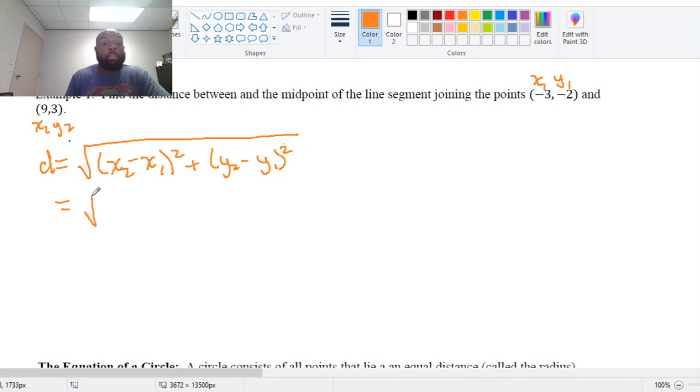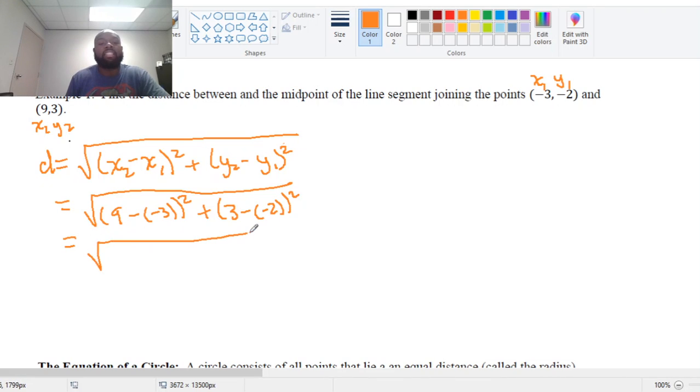So my x2 minus x1 will be 9 minus -3 quantity squared plus 3 minus -2 quantity squared. Well, 9 minus -3 is 12, so that 12 squared is 144. 3 minus -2 is 5. 5 squared is 25. And that's the square root of 169, which is 13.